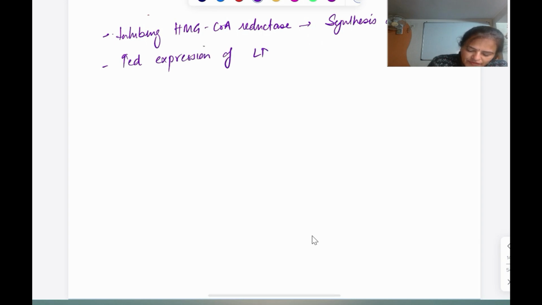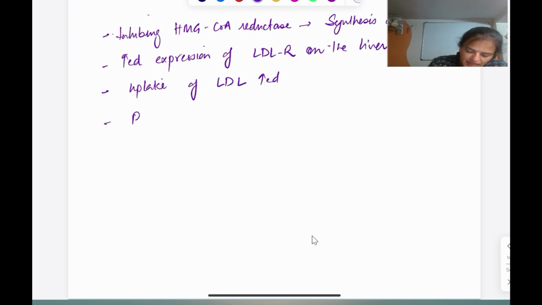Once there is increased expression, uptake of LDL by the liver cell is increased, so plasma LDL level will be decreased. This is its main mechanism of action.